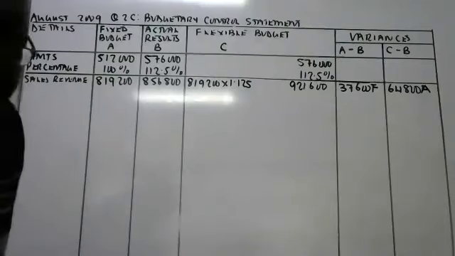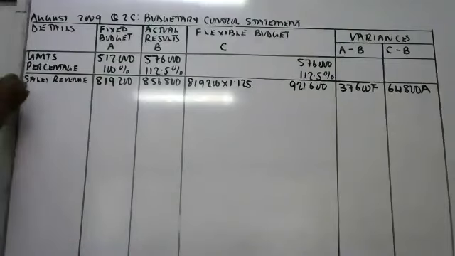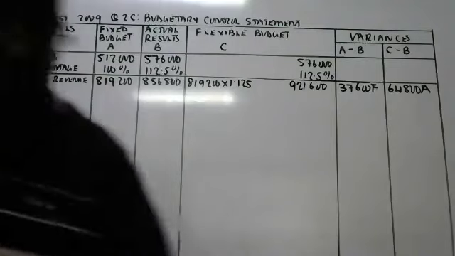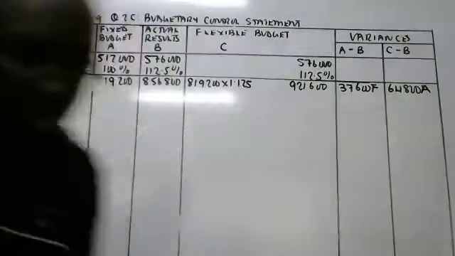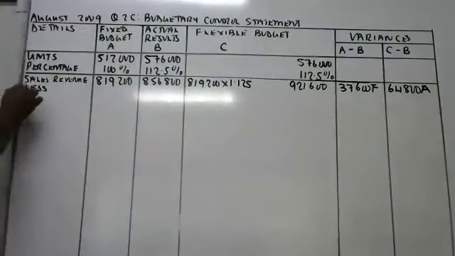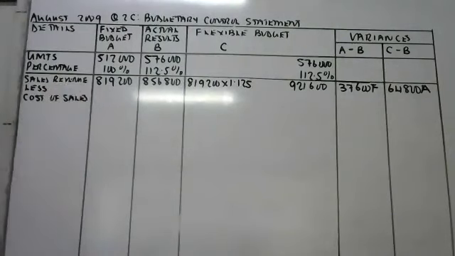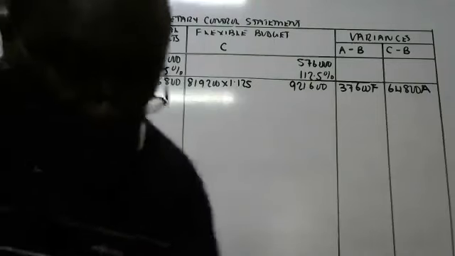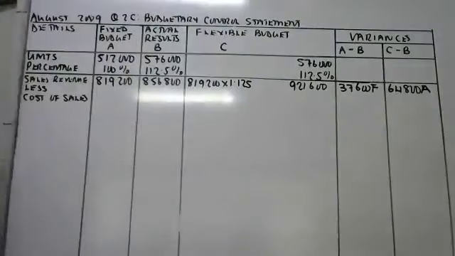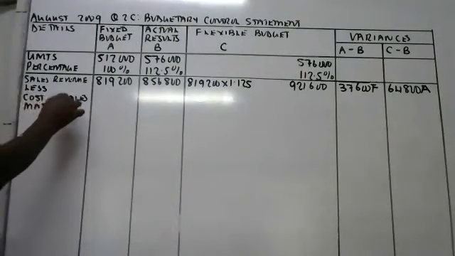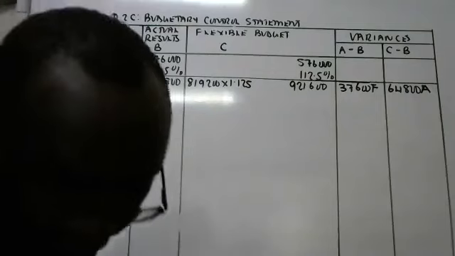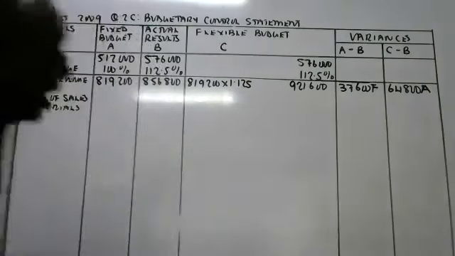We proceed now. So you say less cost of sales. Now, in the cost of sales, the first one is materials. Materials in the original budget is given as 134,400.